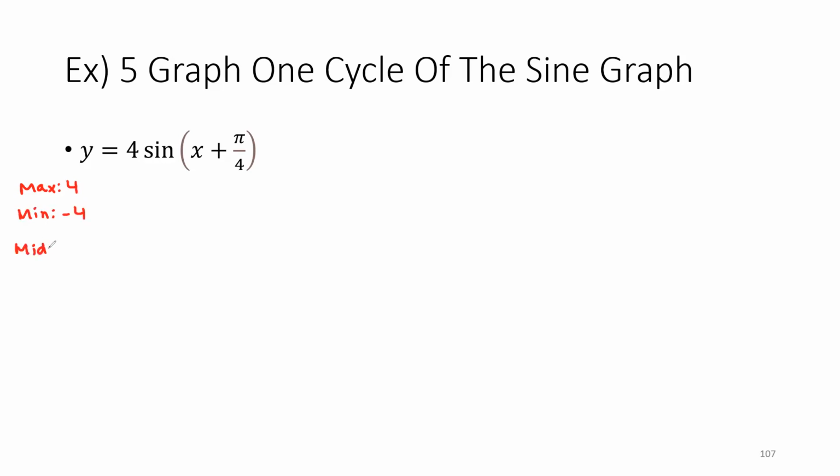Our midway is 0. Phase shift is negative pi over 4. I just set the parentheses x plus pi over 4 to 0, and you get negative pi over 4. What else? The period is 2 pi over b. So that's 2 pi, and the b value is 1, which is 2 pi.